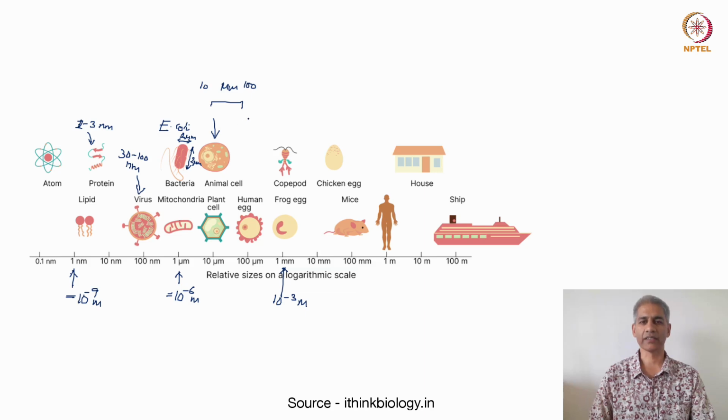And at the far end of the scale, which is 100 micrometers, you have the largest cell in the human body, which is the oocyte or human egg, which is about 100 micrometers. Another cell that you should know about in the human body is the RBC.